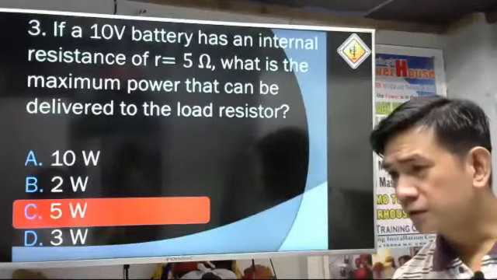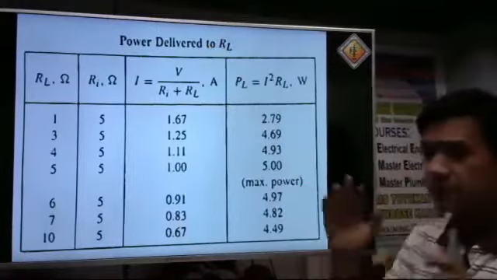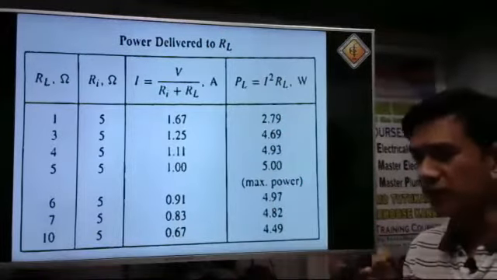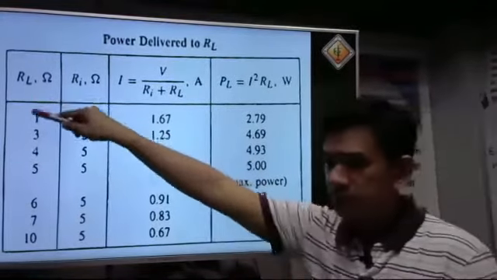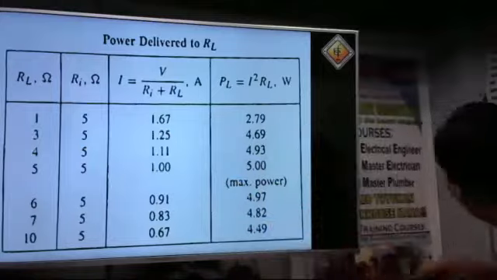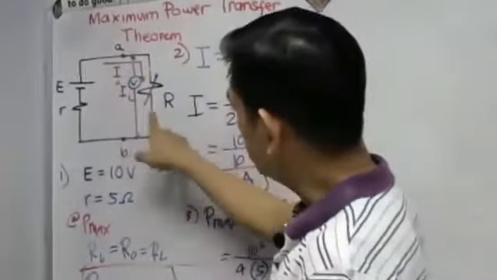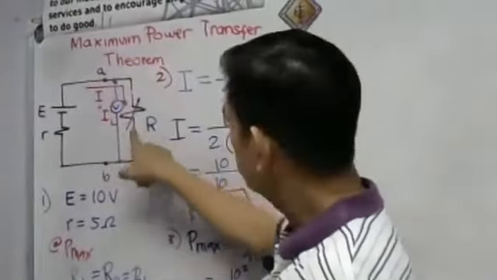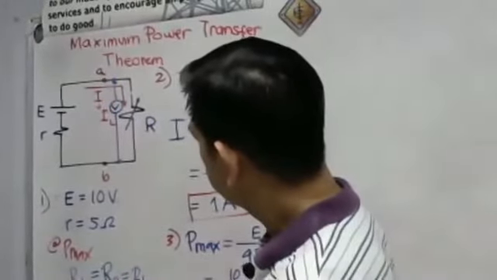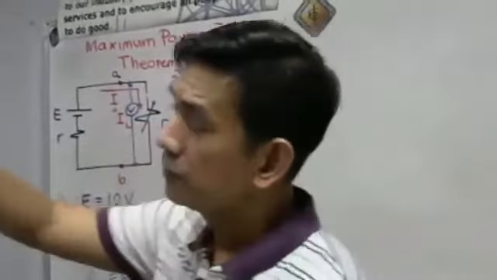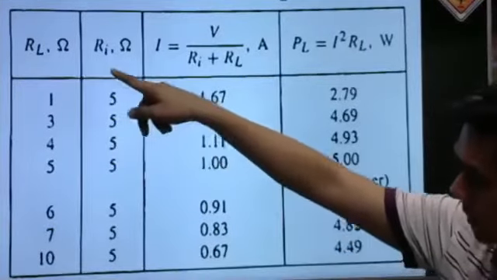The next slide I would like to show you is this graph for the power delivered to RL of the particular example we are solving right now. This is our RL. Actually, this is our adjustment in our field rheostat or potentiometer.